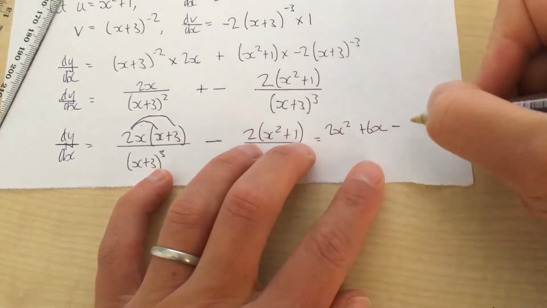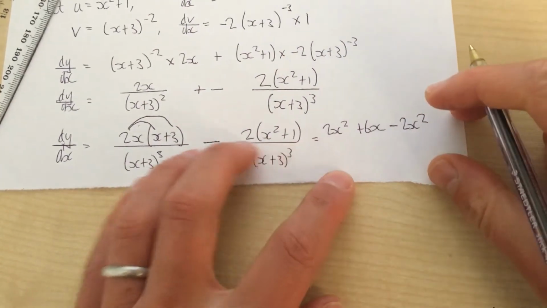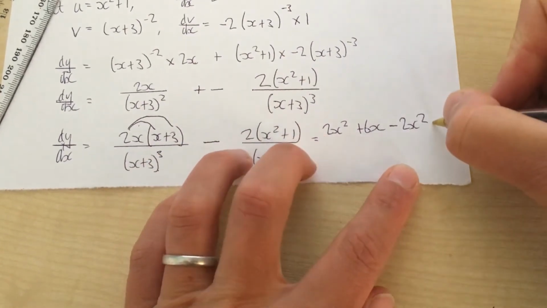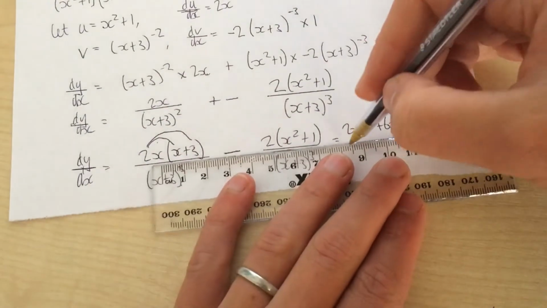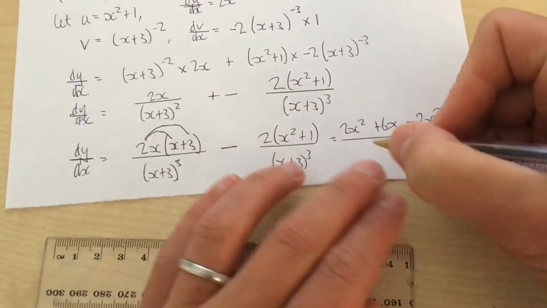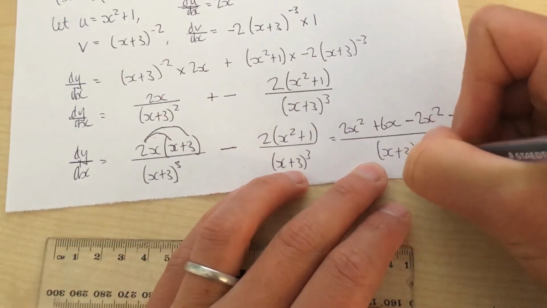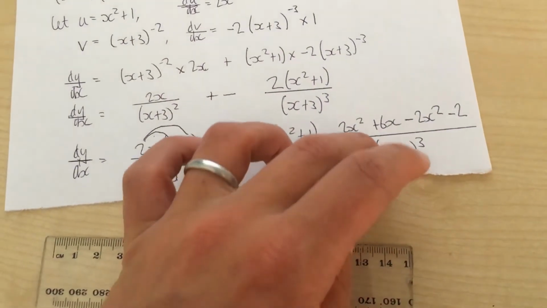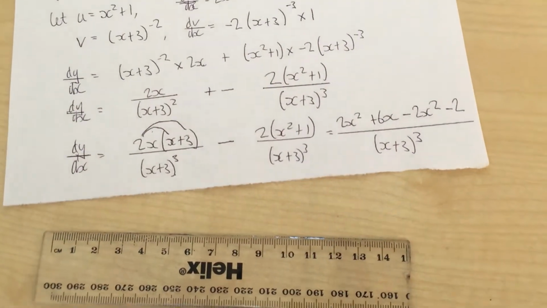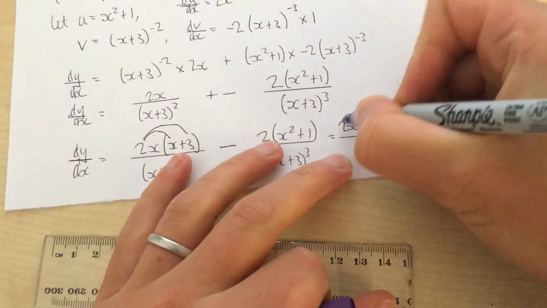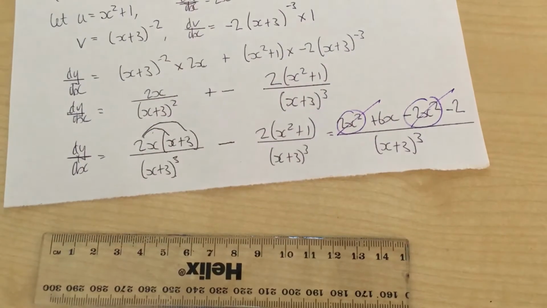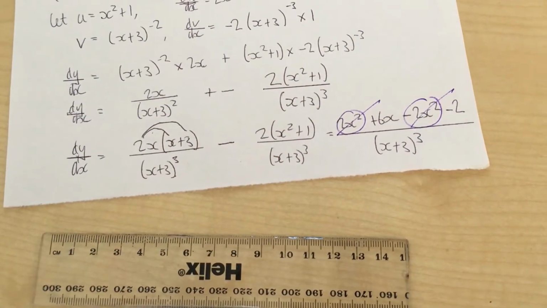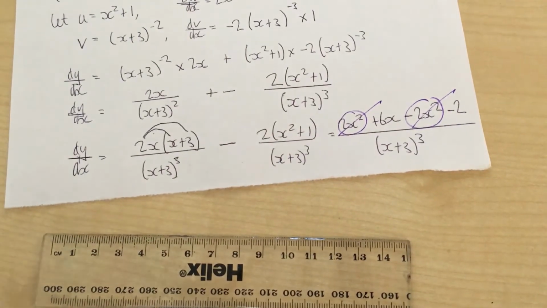Take away 2x squared and take away 2, all over the cube of (x plus 3). Now notice here we've got a 2x squared term minus a 2x squared term, so they cancel each other out and we're just left with 6x minus 2 as the numerator.